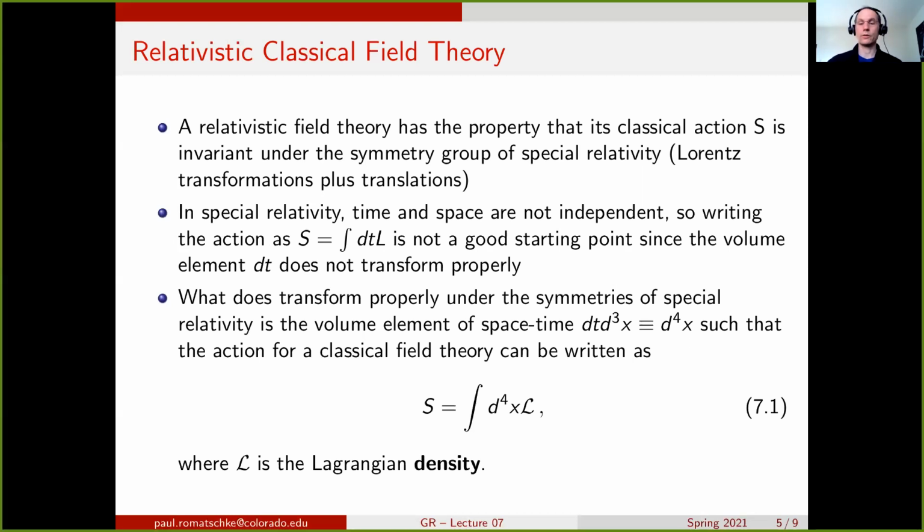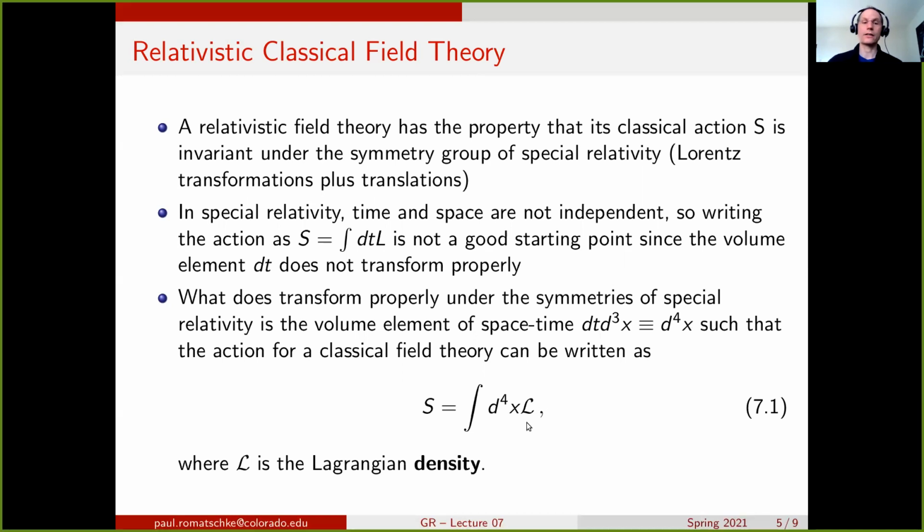However, we know how to replace this. We know that we have to lump space and time together to space-time. And if we do this, then we can consider an object that takes the space-time volume dt d^3x, or compactly written as d^4x, as one building block. So this four-dimensional space-time volume d^4x is invariant under Lorentz transformations.